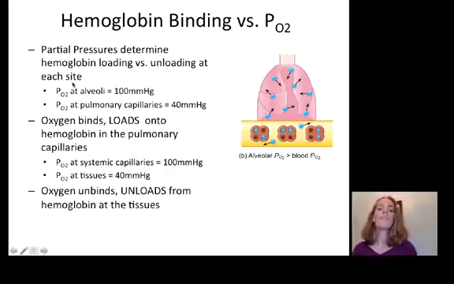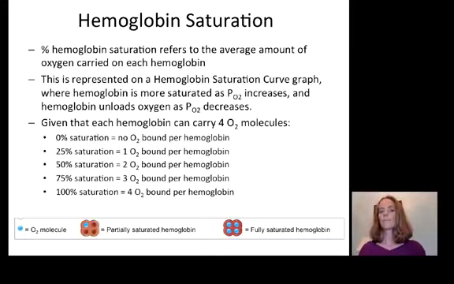So if we follow the partial pressures of oxygen, when oxygen levels are high, when it is in an oxygen-rich environment, hemoglobin is going to bind to and load oxygen. When oxygen levels are low, such as what happens in the tissues, then the oxygen will unbind and unload from hemoglobin to the tissues.